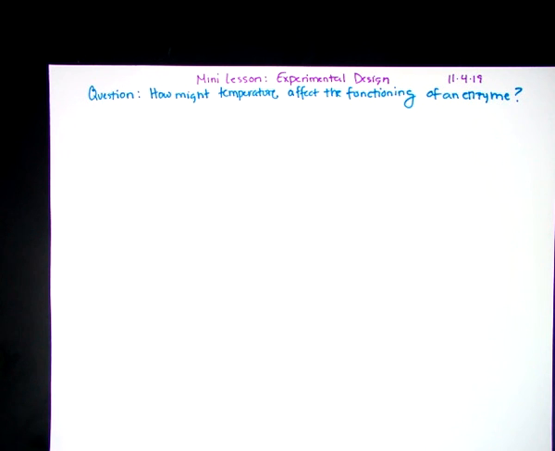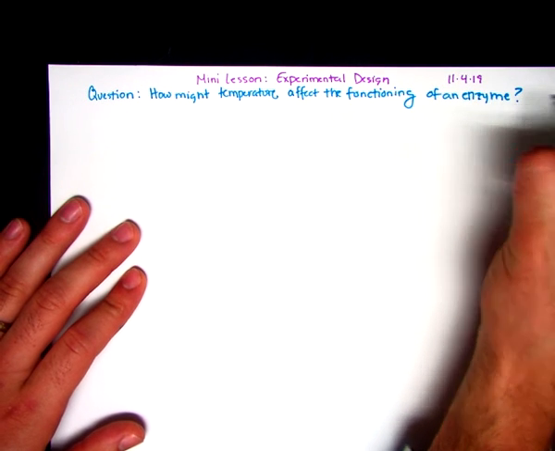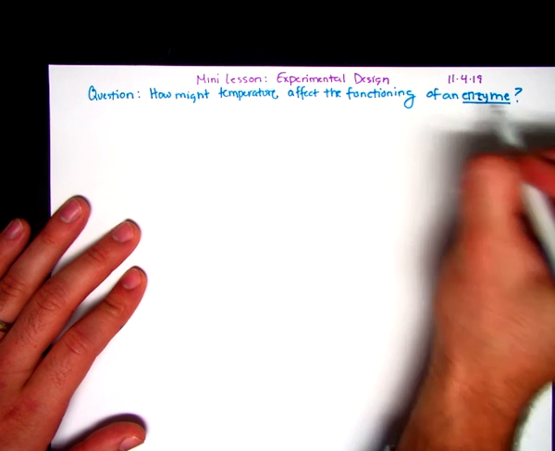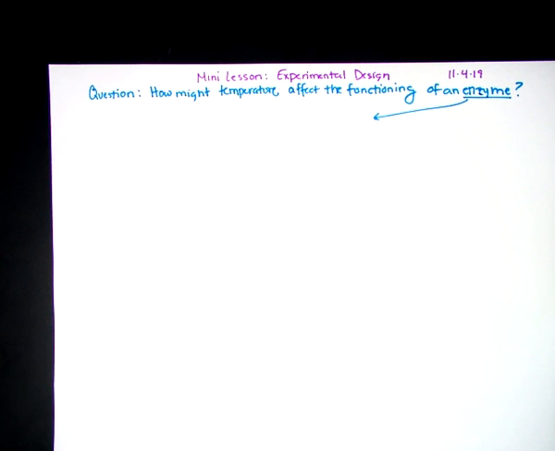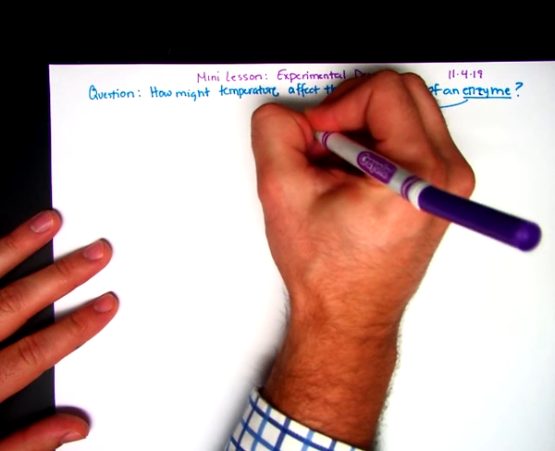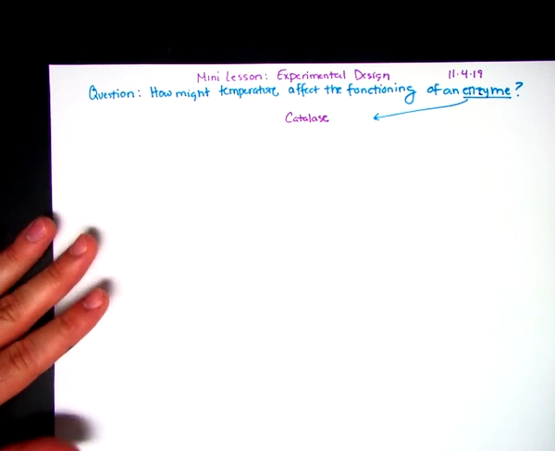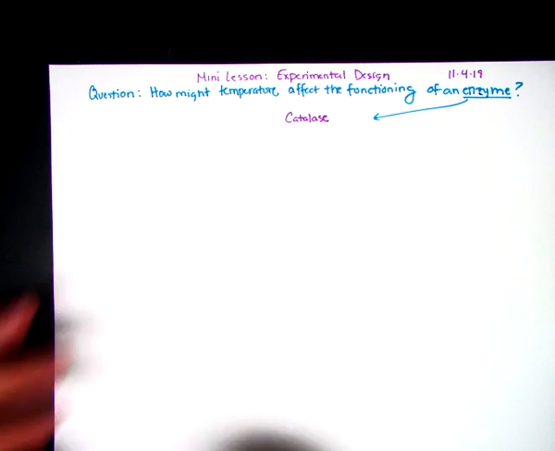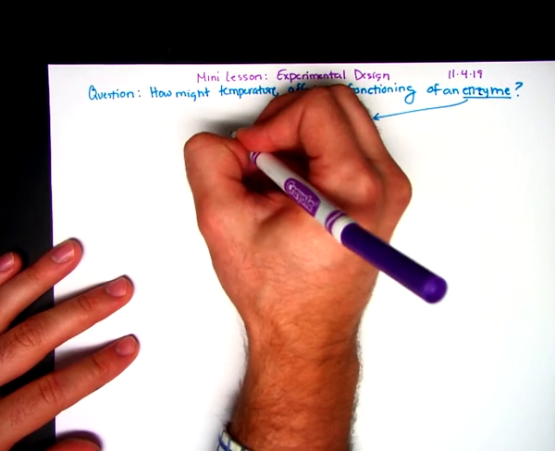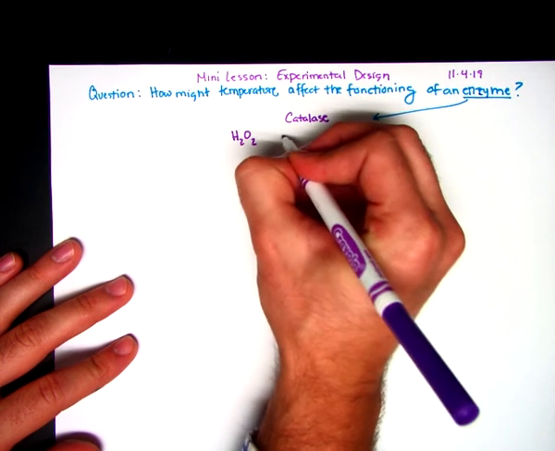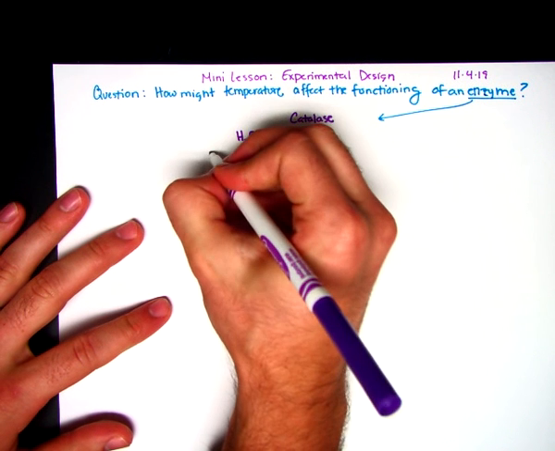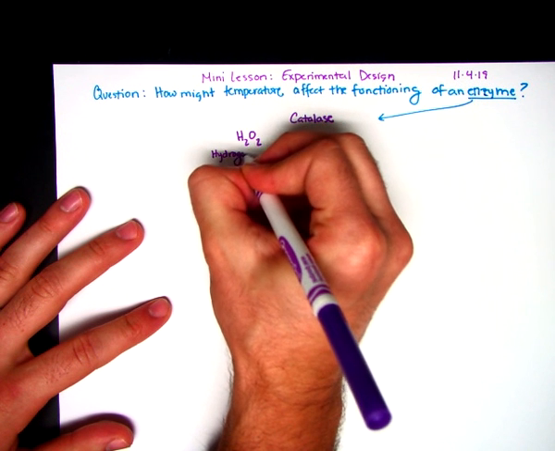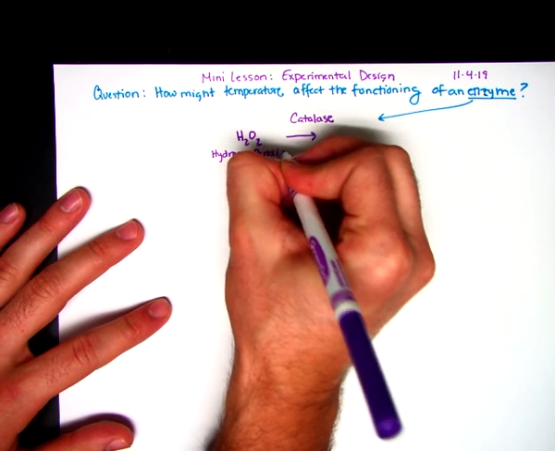And the enzyme that we're going to be focusing on for this experiment and this primer is an enzyme that you learned about in the Bozeman video last week called catalase. So catalase is an enzyme that prevents the buildup of something called hydrogen peroxide, or H2O2, inside the cell.